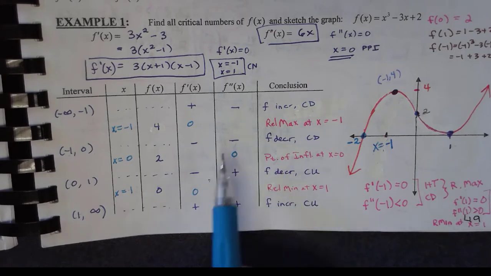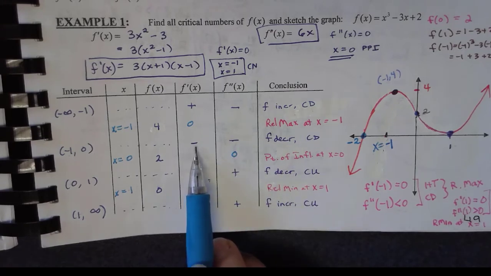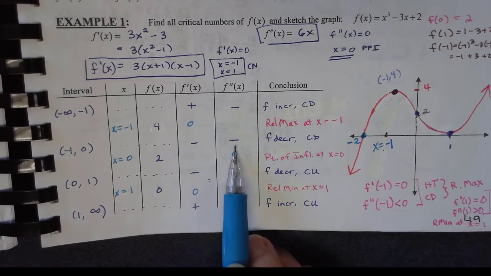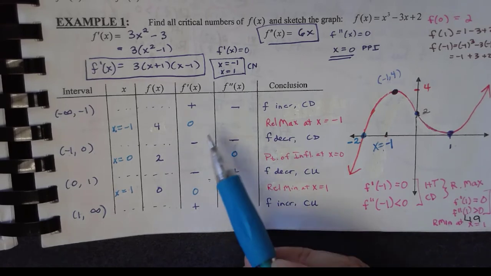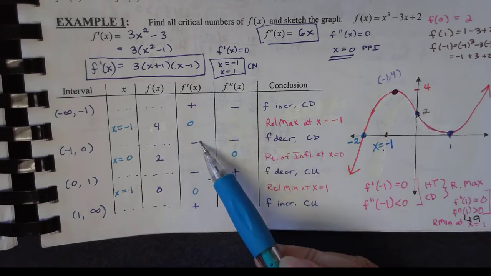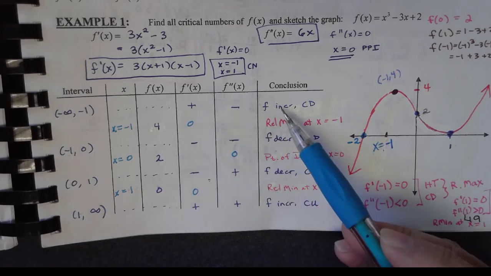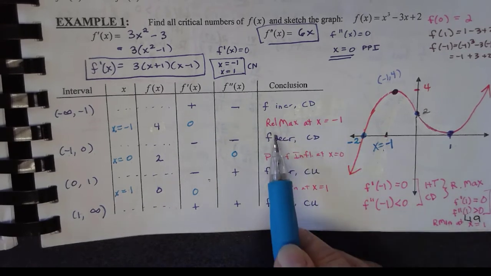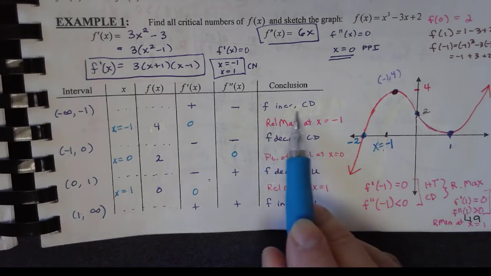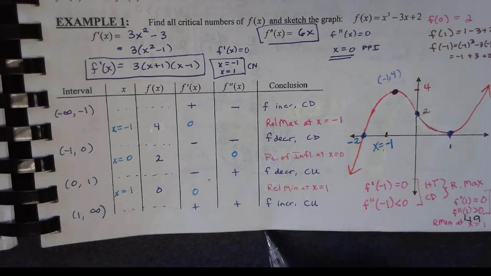So what does this tell me? f is decreasing because the first derivative is negative, concave down because the second derivative is negative. Notice that we went from positive to negative on the first derivative. We went from increasing to decreasing, so now we know we have a relative maximum when x is negative 1.